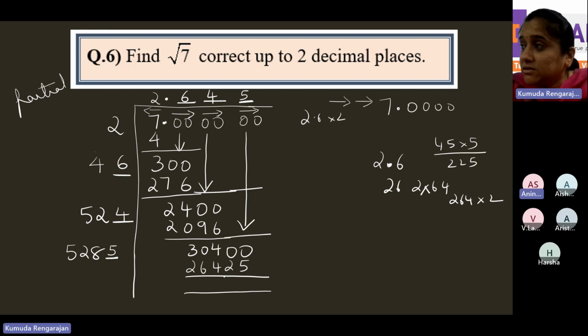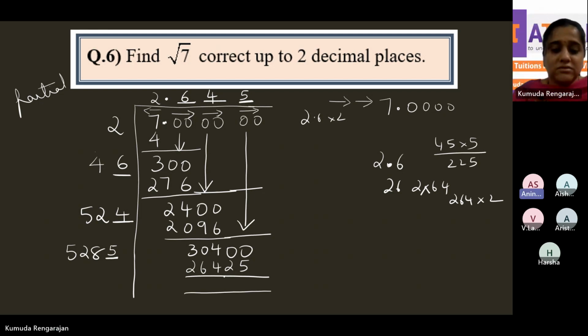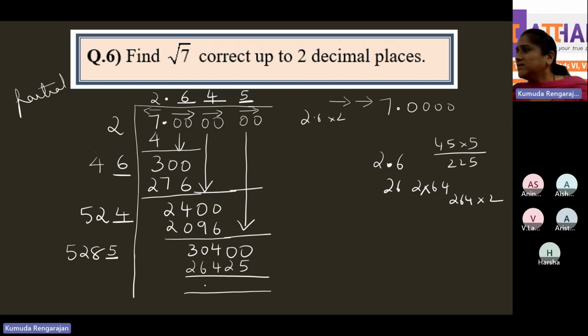Ma'am, so the final answer will be 2.65, right? Correct. So what's the remainder? 3975. Okay, 3975 is the remainder.